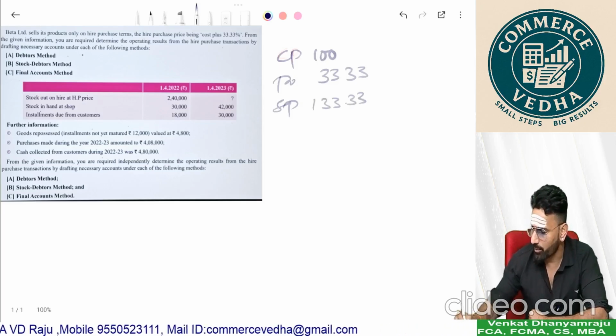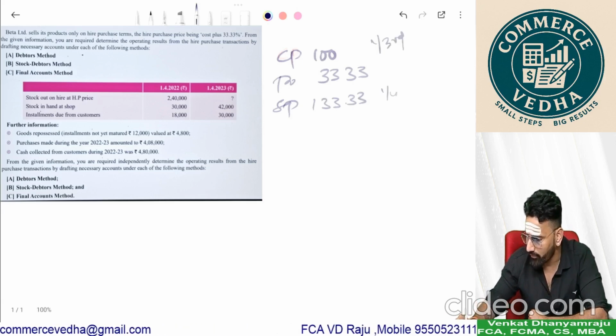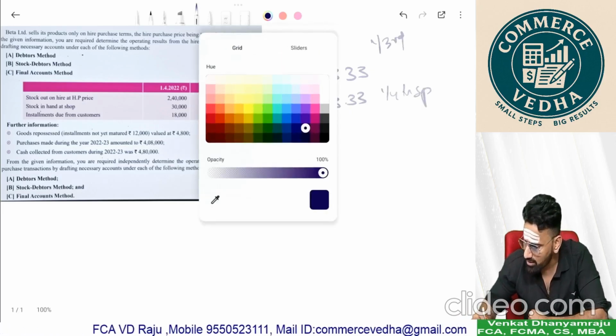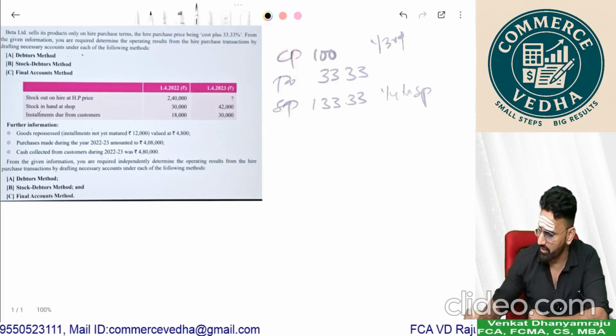It means the profit is either one third on cost or one fourth on selling price. So one third on cost or one fourth on selling price is the first thing we should remember.